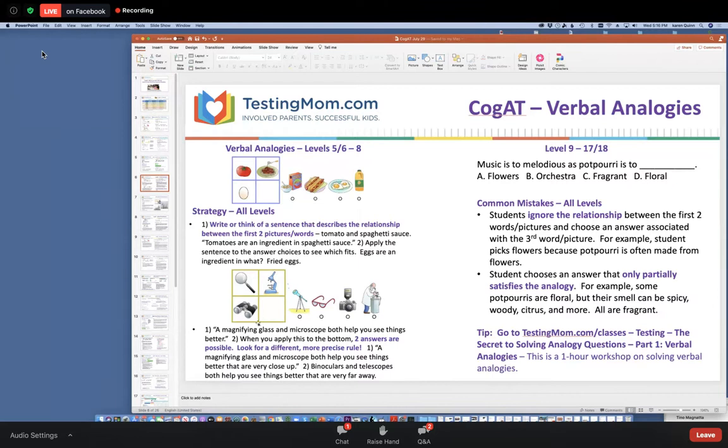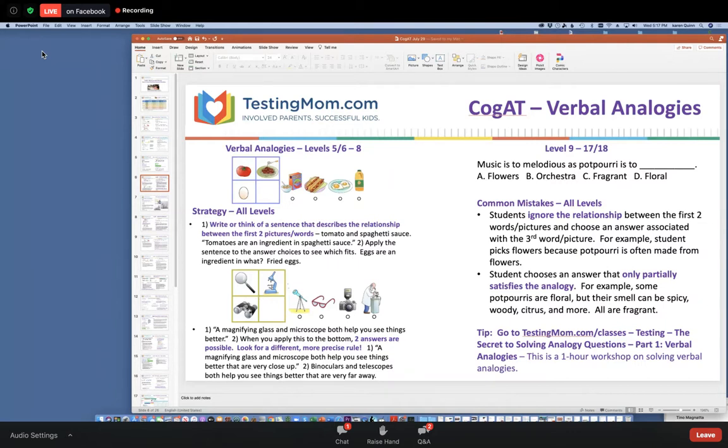So let's look at this one, okay? Now here we have a magnifying glass and a microscope. And you might say, well, a magnifying glass helps me see things better, and so does this microscope. So I'm looking for something that helps you see things better on the bottom. But I really have more than one thing that helps you see things better. So I need to get a little bit more specific and precise. And you'll see that a lot with these.